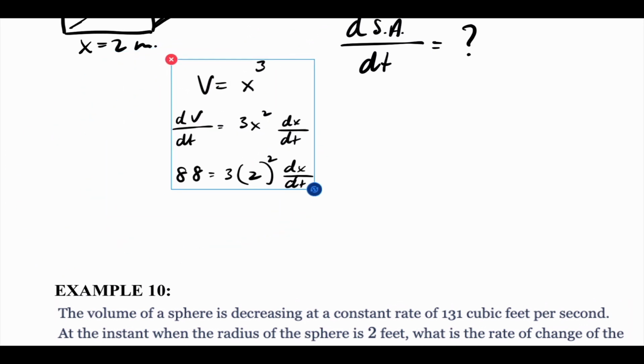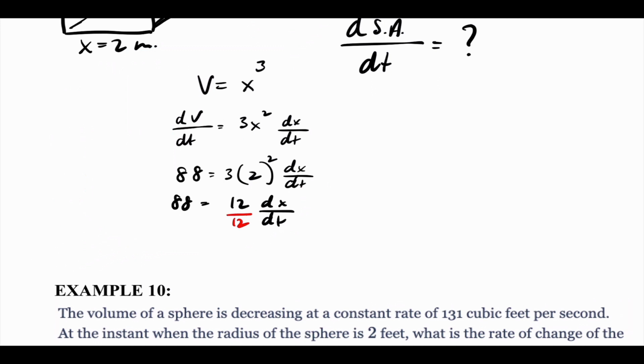So 88 equals 2 squared is 4, times 3 is 12. Divide by 12. Now it doesn't go in evenly, but we can reduce it.